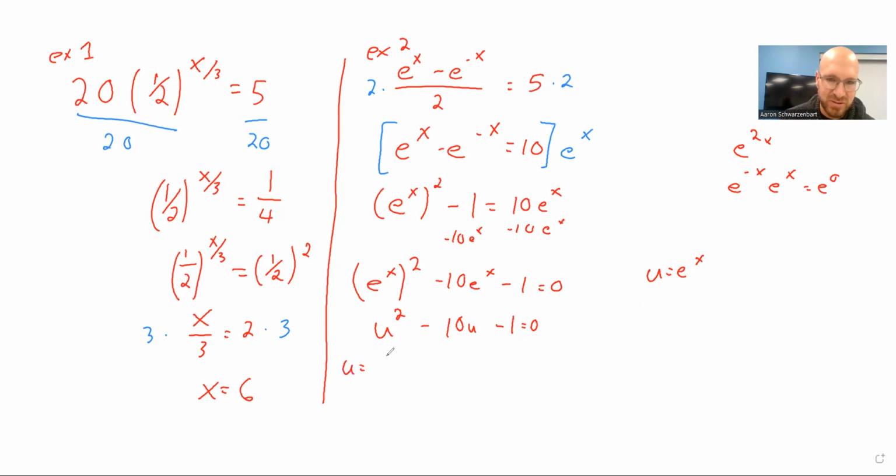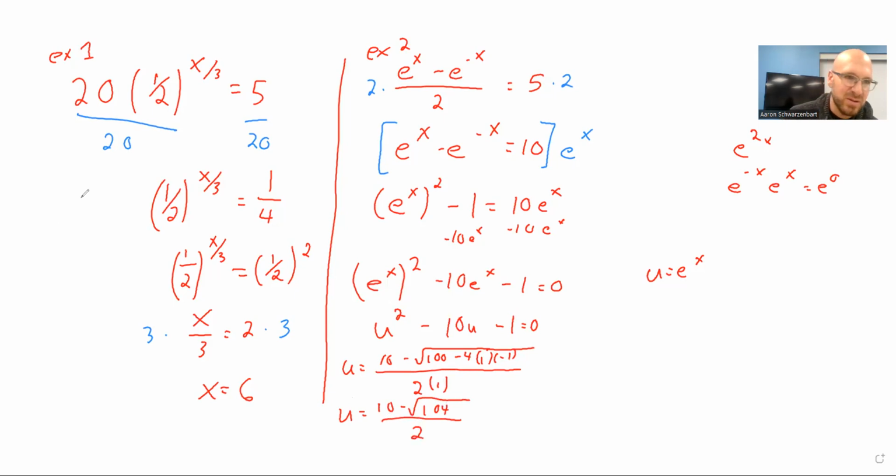So u equals 10 minus the square root of 10 squared, which is 100, minus 4 times a times c, over 2 times 1. That's 10 minus square root of 104 over 2.